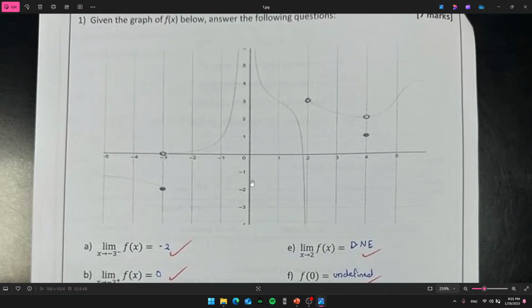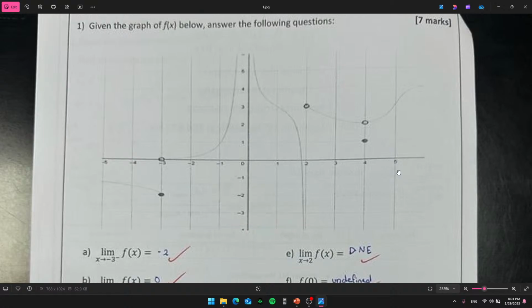For horizontal asymptotes, we need to take the limit as x approaches infinity and negative infinity. When x approaches negative infinity, the function goes to a y value of -1. This part of the function will never exceed -1 because there is a horizontal asymptote at y equal -1.